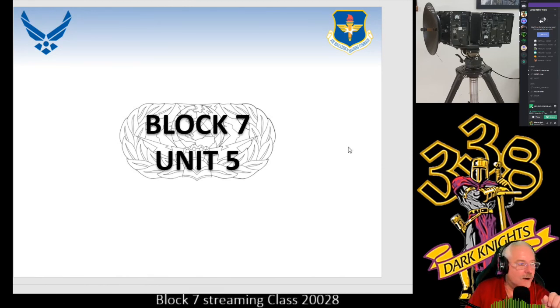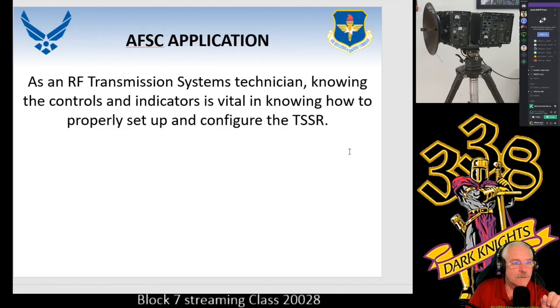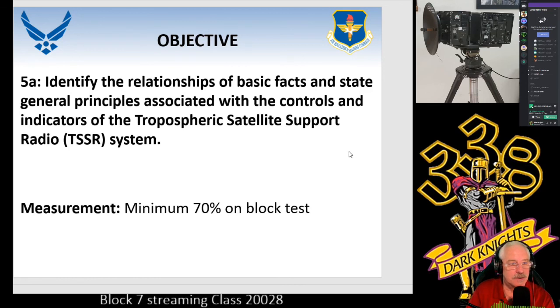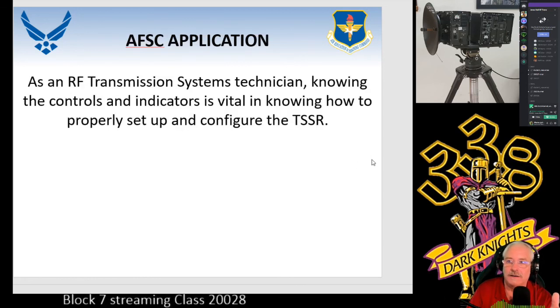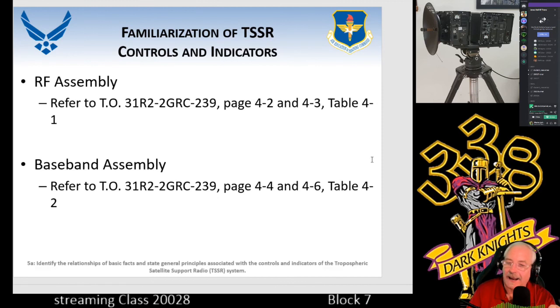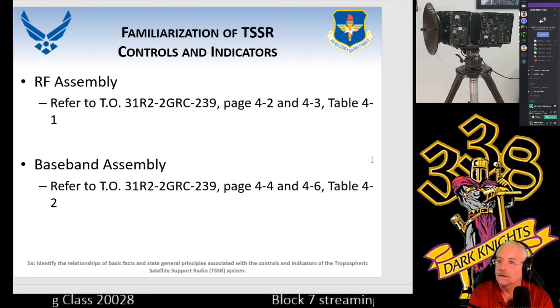We got Unit 5. This one has identify basic facts and state general principles of controls and indicators. I think we've covered this in great detail going through Chapter 4. Right there. And I've shown you on the front panels of each, trying to get you guys to see what is going on.